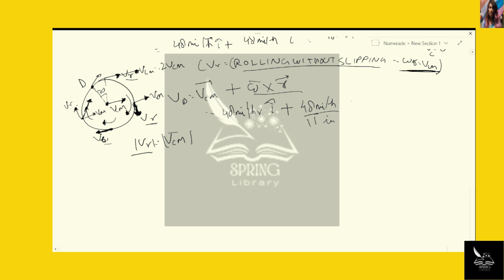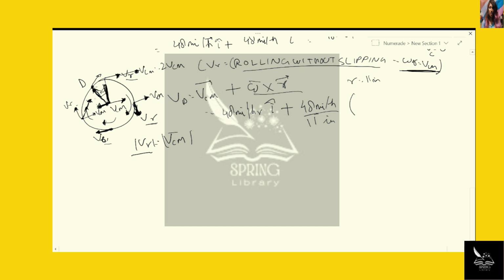And then R, in this case, you can break up R. So R is pointing like this at 30 degrees. So if R is my radius, which is 11 inches, then this component will be cos, this component will be sine. So you can break R into these two components.